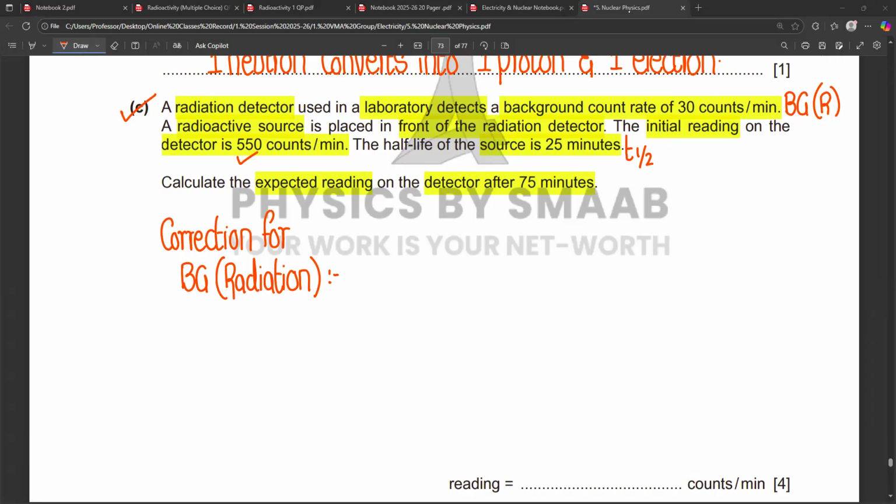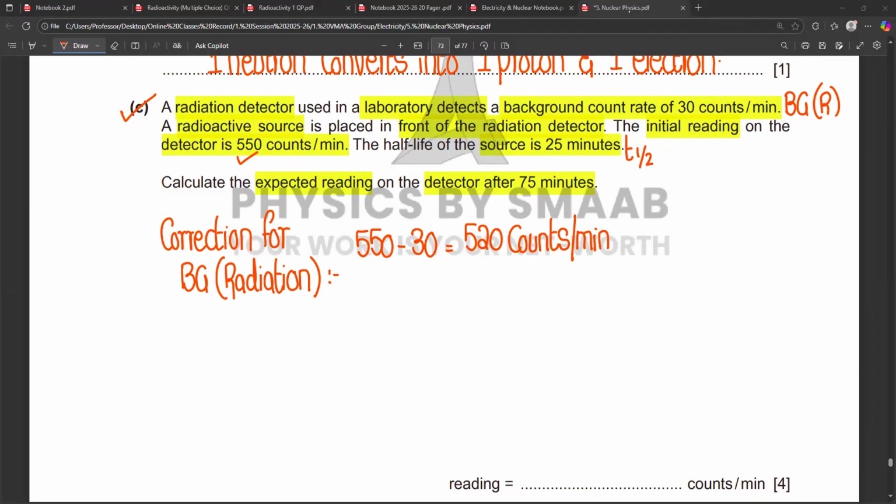The initial value given in the question is 550 counts per minute, minus the background radiation, which is 30. It equals 520 counts per minute, right? Okay. Next, we got a value without background radiation.